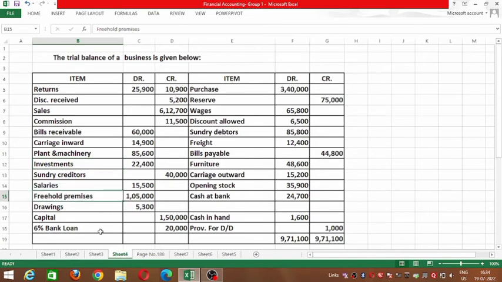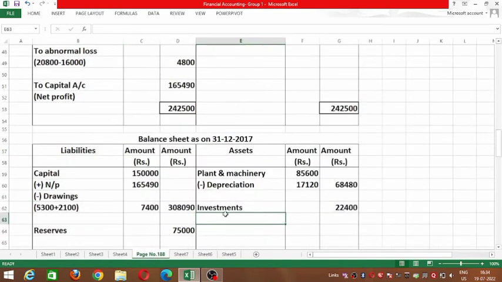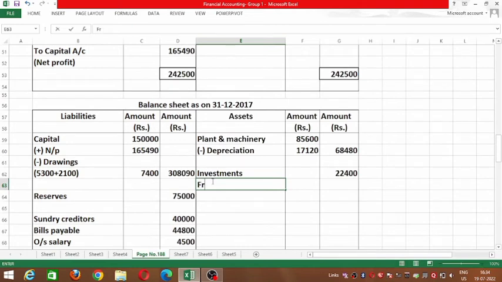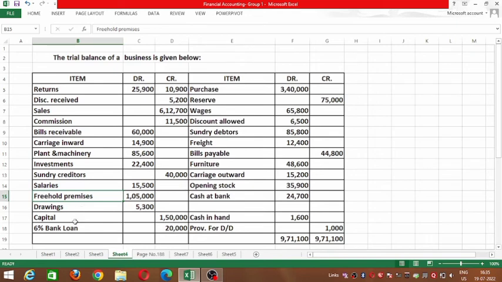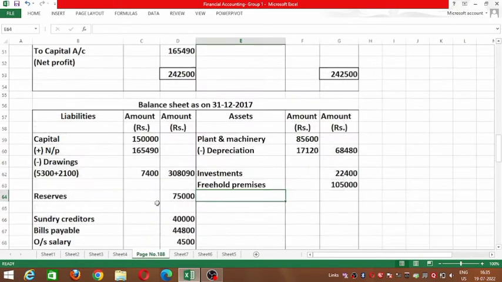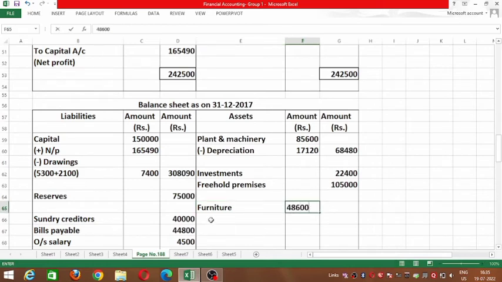Next, freehold premises, 1,05,000. Next, furniture, 48,600, minus depreciation.